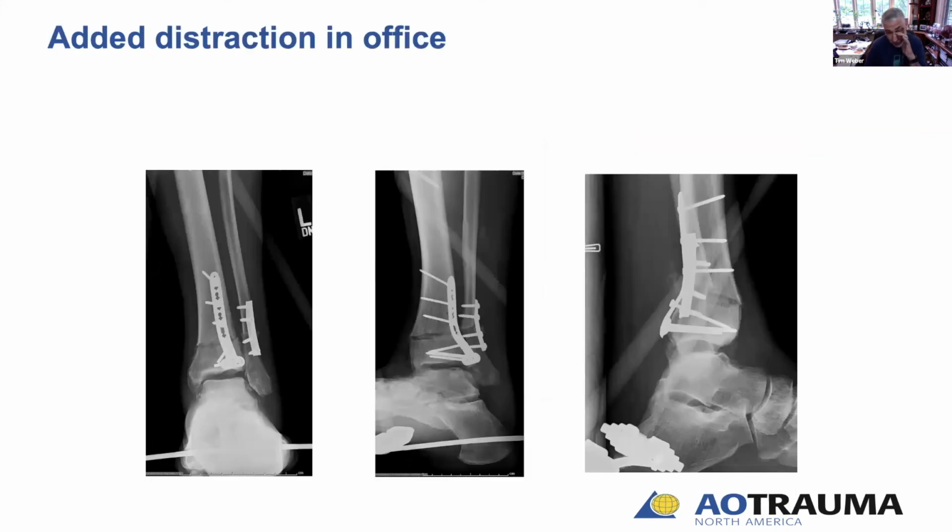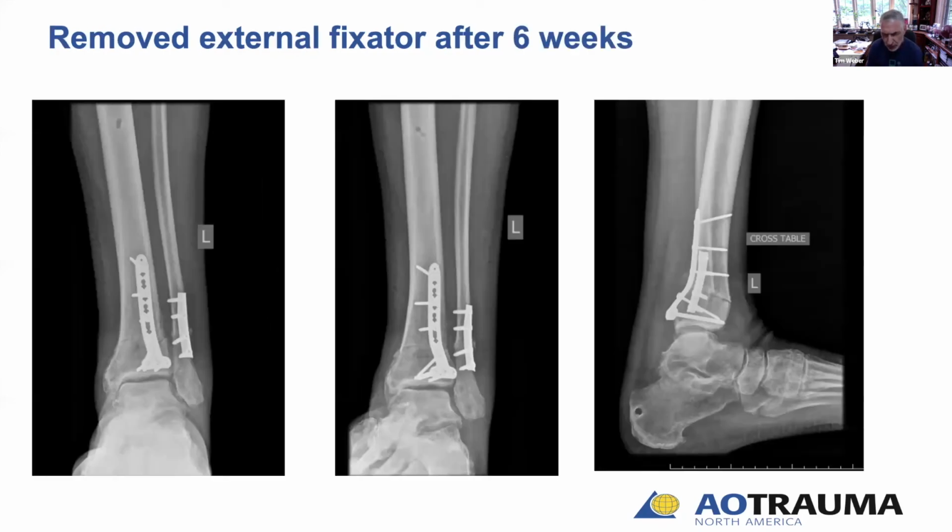In an effort to try to do a little bit of a distraction arthroplasty of his ankle joint itself, we added some traction during his office visits. We took the fixator off at 6 weeks, and honestly, I had a fair amount of chest pain when I saw this lateral here, wondering if we were ever going to be able to keep this talus back in the ankle mortise.